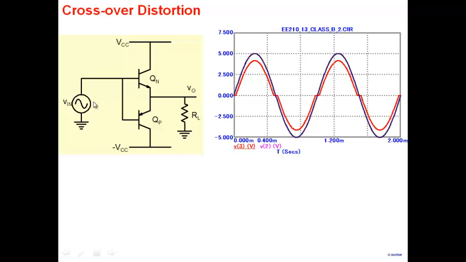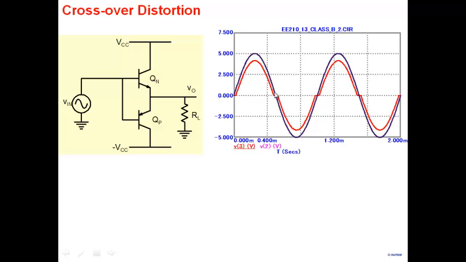So this voltage needs to exceed 0.7 volt or so for it to start conducting. And once it starts conducting, note that this is a common collector amplifier. You're applying input to the base, and you're taking output at the emitter. So it's a common collector amplifier or an emitter follower. So once the transistor turns on, the output voltage follows the input voltage here. So that's what you see here, it follows the input voltage.